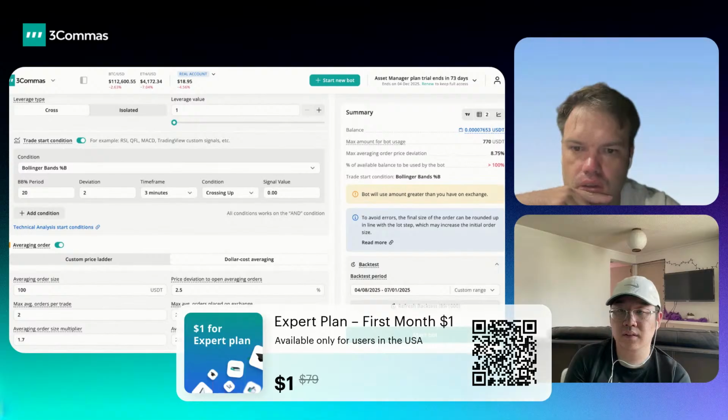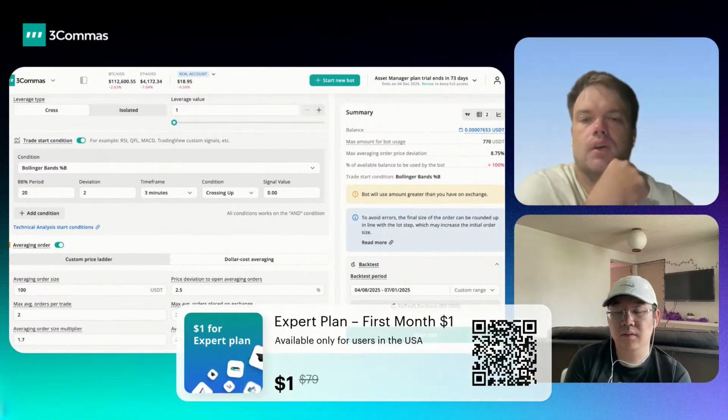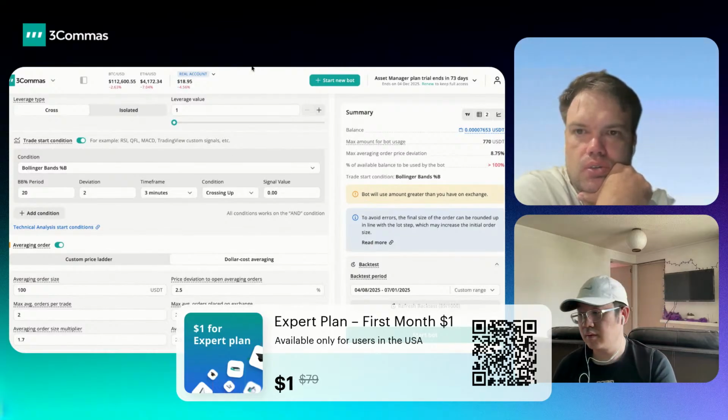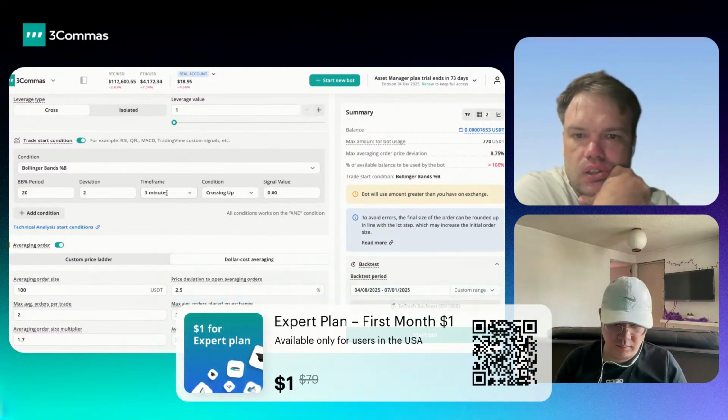Okay, so period 20, deviation 2 minutes. I don't really love 2 minutes, I would love 15 minutes. And the signal value is set to 0 by default. We can leave this.